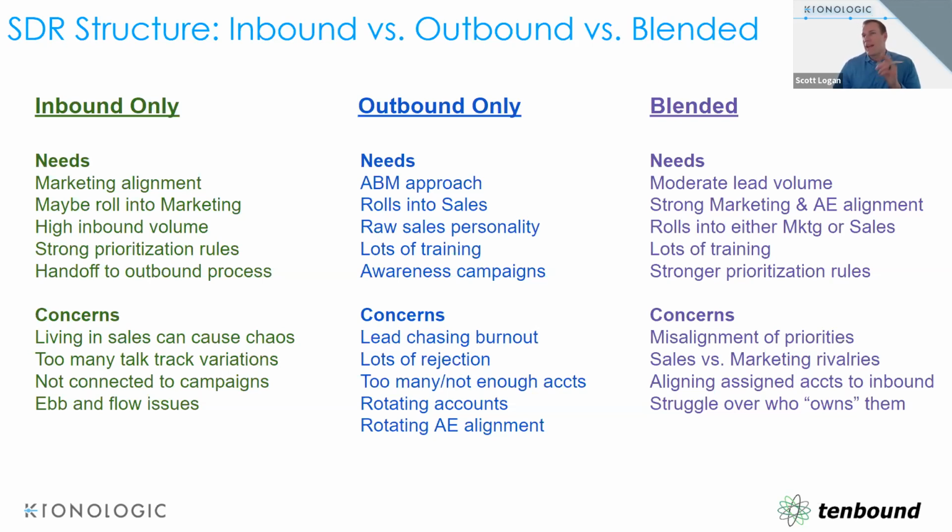The only time I've seen that backfire is if you rotate your SDRs in these pods too much. If it's 2 months or 3 months and that's all you get with them, they may think that the time is not worth it to put into training them, because it does take maybe a good 1.5 months, 2 months to get them rolling.